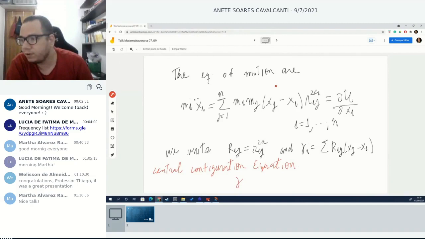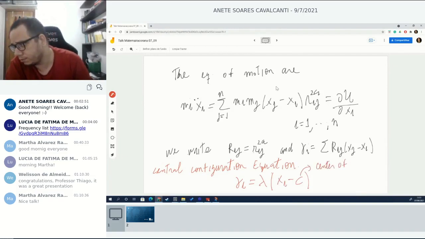The central configuration equation is given by gamma_i equal to lambda times (x_i minus c), where c is the center of mass. I don't write the equation for the center of mass.